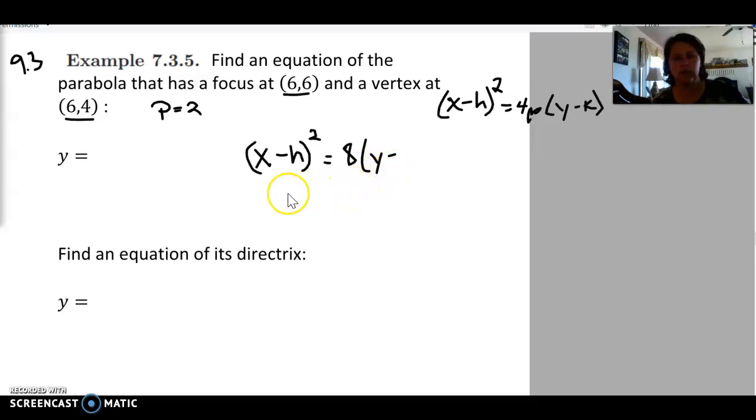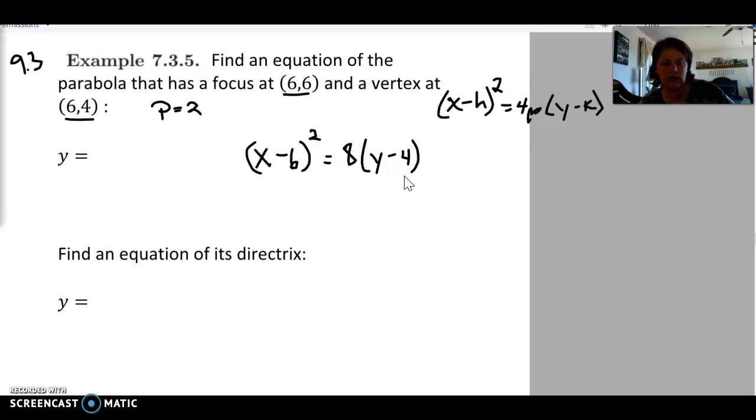Oh whoops, I can put my h and k in here. Okay, so (x minus 6) squared equals 8 times (y minus 4). There we go. And then that is our equation for the parabola.